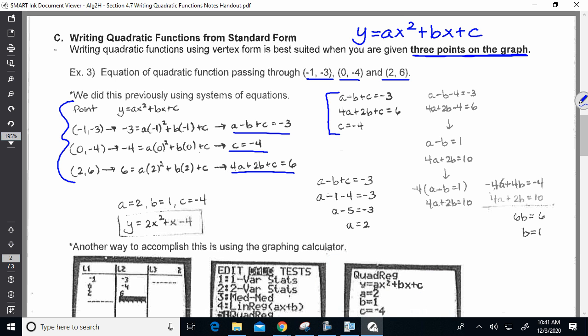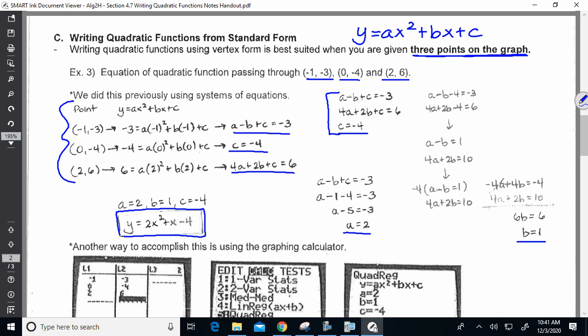Once we got our 3 equations, we solved the system. Doing substitution, elimination, whatever your heart desired. Solved for A, B, and C. And then took A, B, and C and made the function. So truth be told, we did this one already. We did this in the last unit.